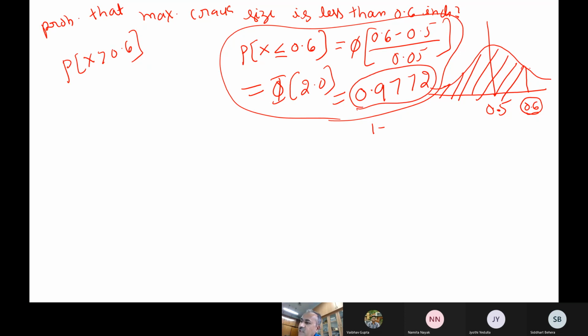So 97% says it is less than 0.6, and greater than 0.6 means 100 minus 97%, obviously some 3% or something like that. A very low number, you follow, right?